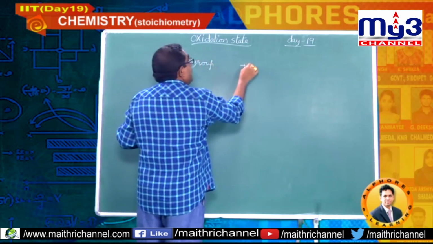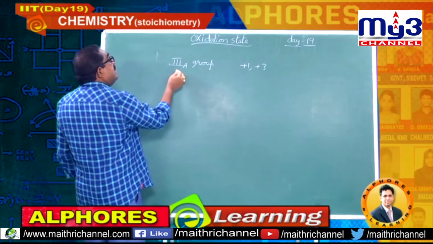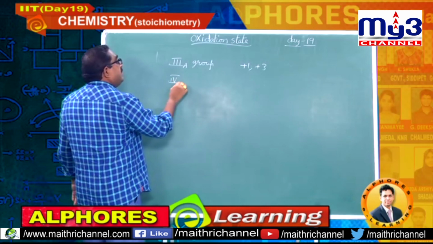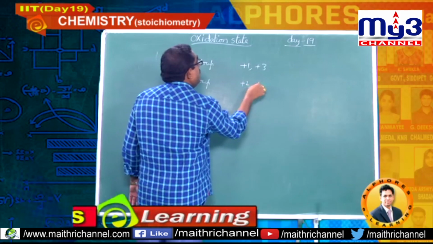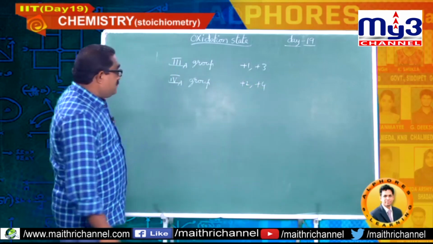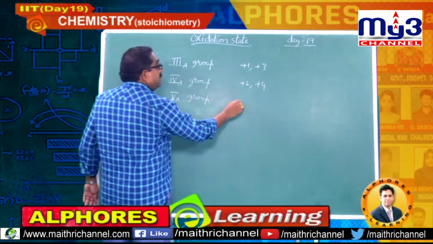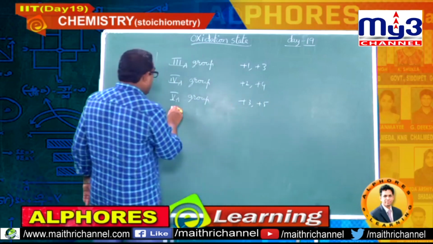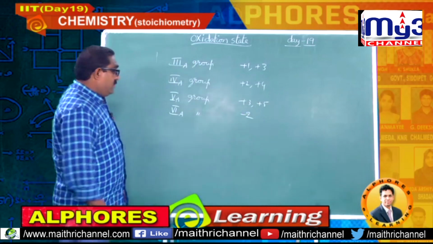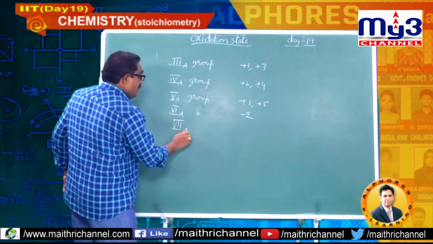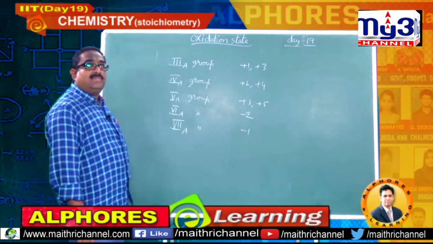Common oxidation states are +1 and +3. 4th A group elements, write down, students: +2 and +4. 5th A group elements, +3 and +5. 6th A group elements, common oxidation state is -2. 7th A group elements, common oxidation state is -1.